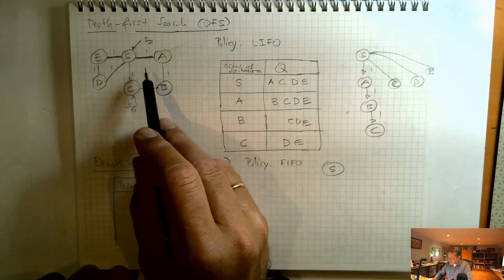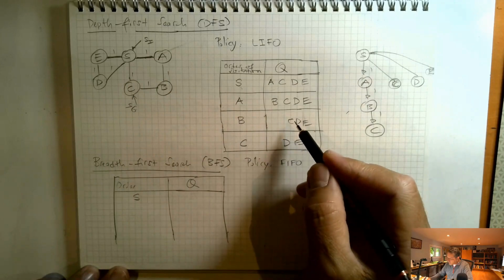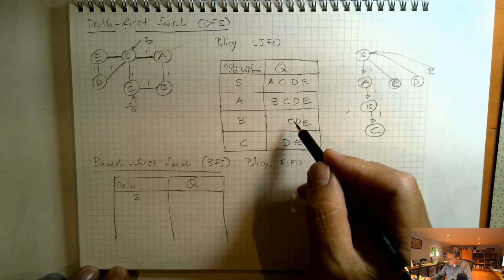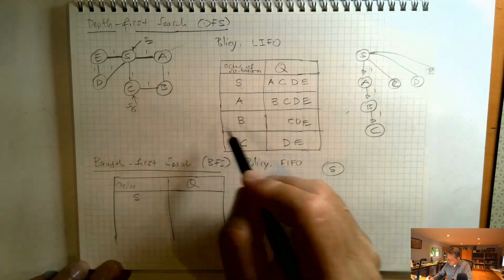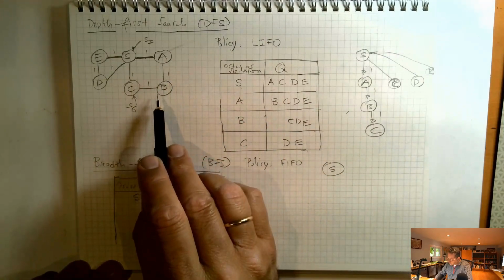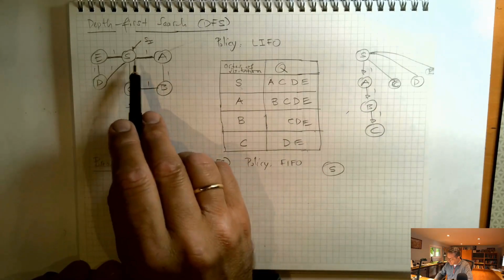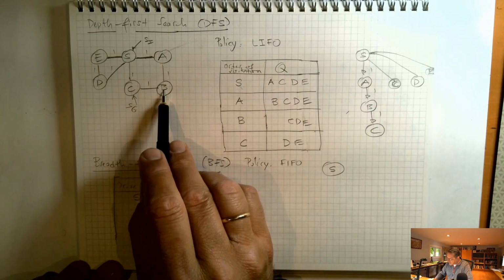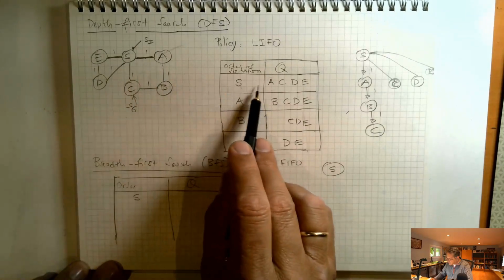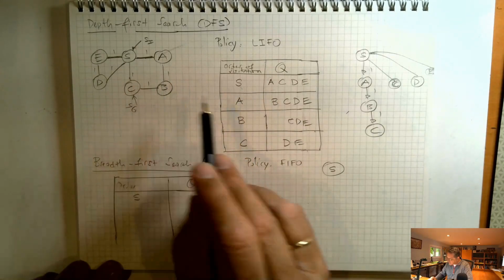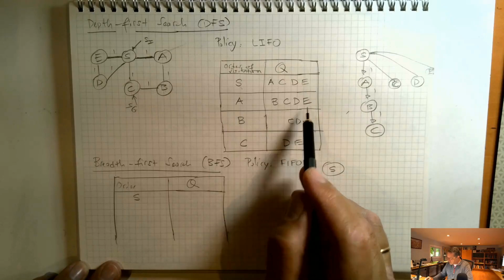And for that specific state A, we are determining and adding into the priority queue the nodes which are adjacent to A. The only node adjacent to A that is not the S that we have already visited is B, so we add this into the priority queue.